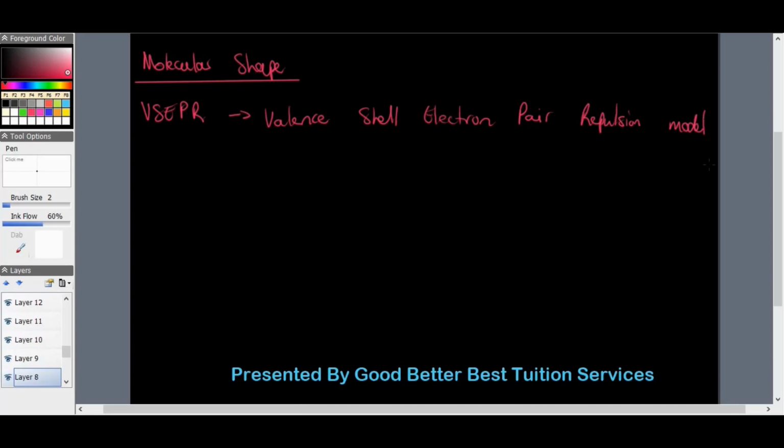Valence shell electron pair repulsion model. We use this to predict the shape of a molecule.